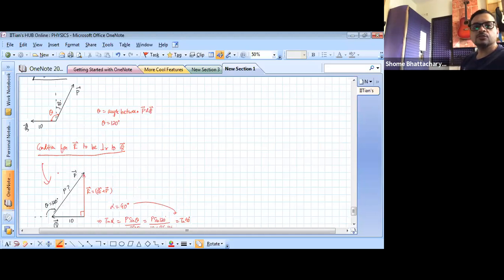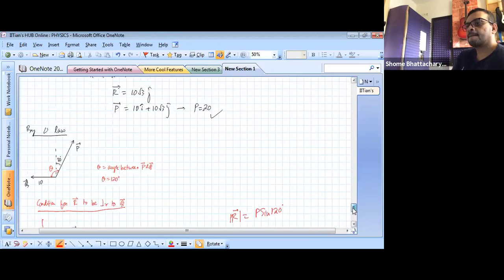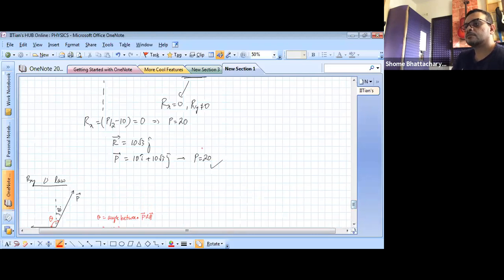No, but then see what is asked now. What is asked is not the magnitude of P. What is asked is the magnitude of the resultant. So the magnitude of the resultant is becoming how much now? That is becoming 10 root 3 because that is the resultant.